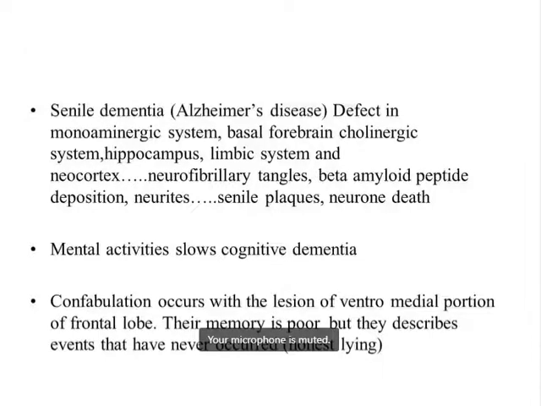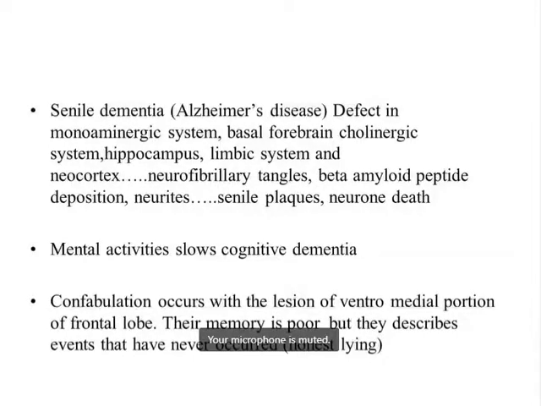I like you, I love you, then I married you, then I divorced you, then I again married somebody, again divorced. This type of lifestyle leads to Alzheimer's disease more.